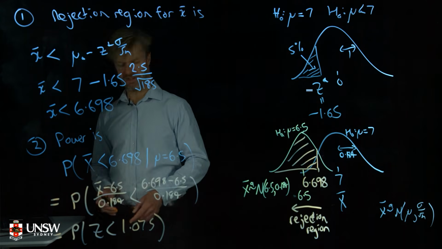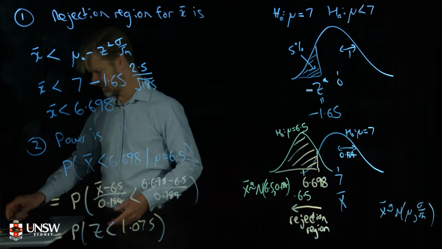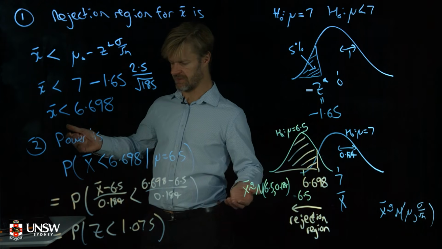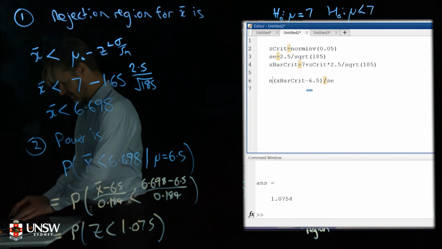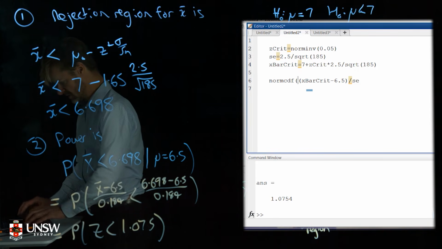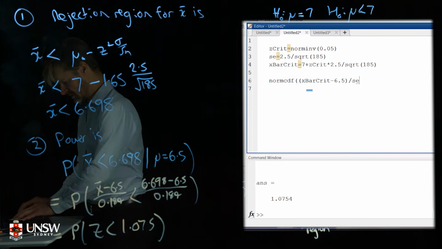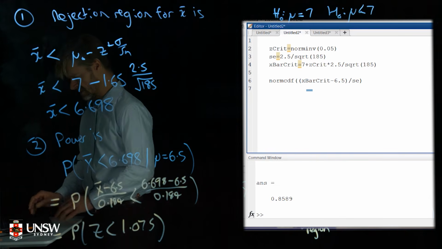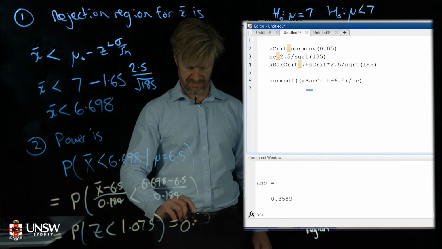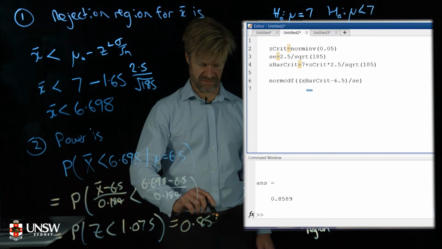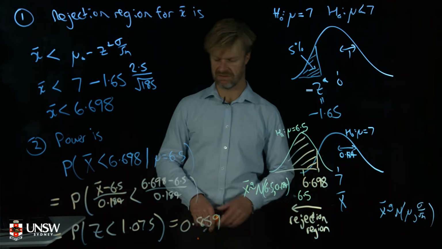To get this area to the left, we just use the norm CDF function, don't we? So I'm going to go norm CDF of this. That'll give me the area to the left, and the answer ends up being 0.8589, 0.859, about 86%.